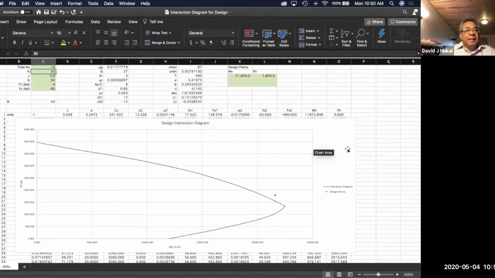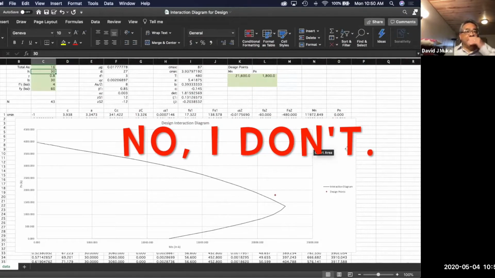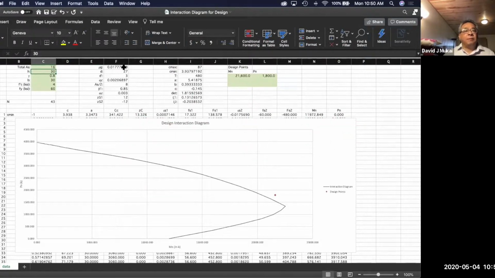So I need to talk to Dr. Dolan about that. And then this does come out to 1.8% steel.